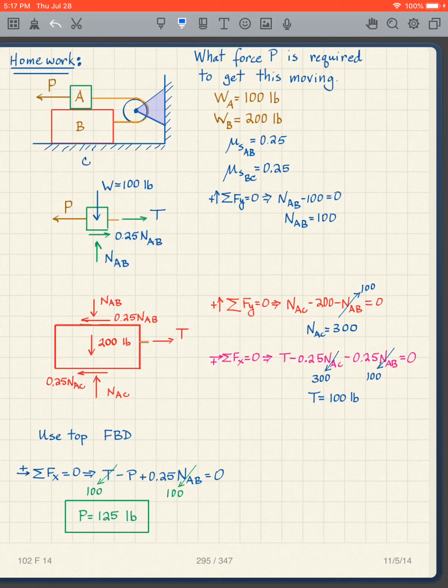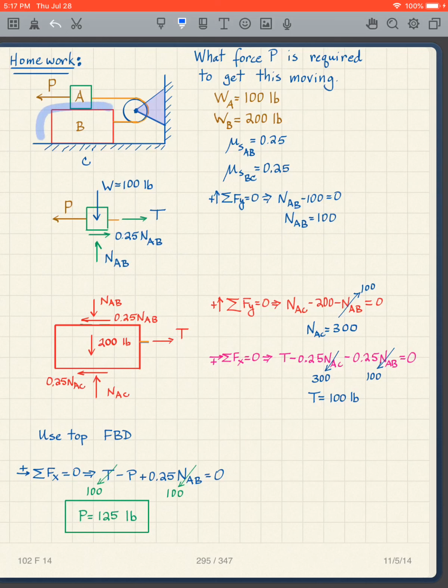And if this is moving in this direction, the friction is opposing that motion, so it's going to go in the opposite direction. I know the T is always in tension, so it's got to go away from the body. And I look at this and I take the sum of the forces in the y direction, and that's easy because I only have this and this in the y direction, so I have NAB minus 100, so my NAB in this case is 100.